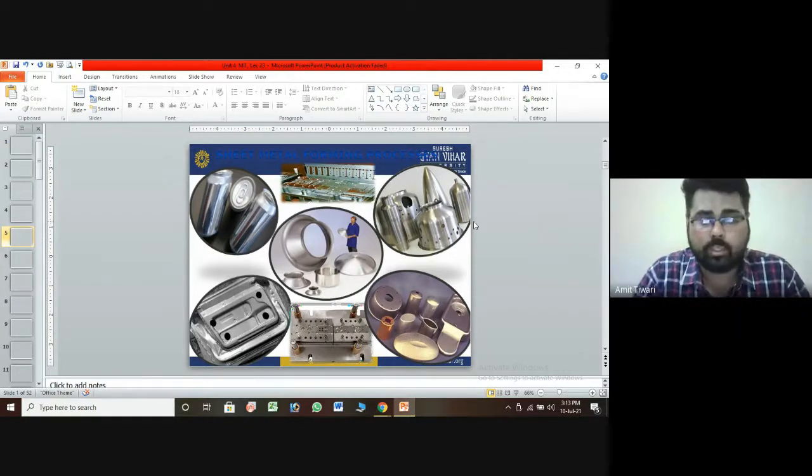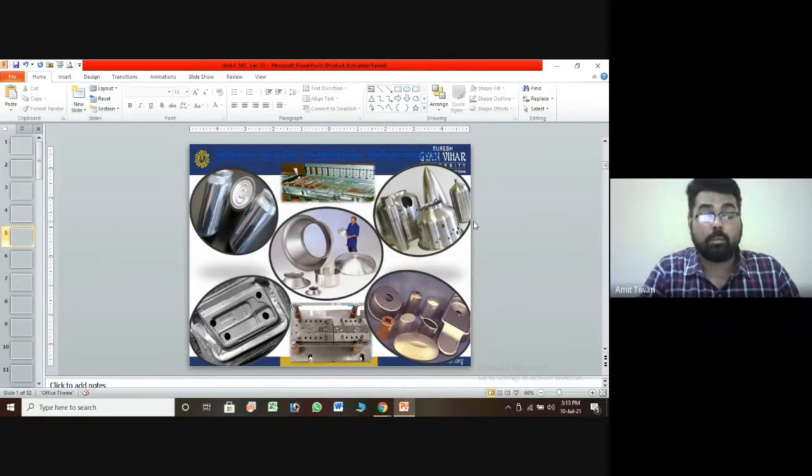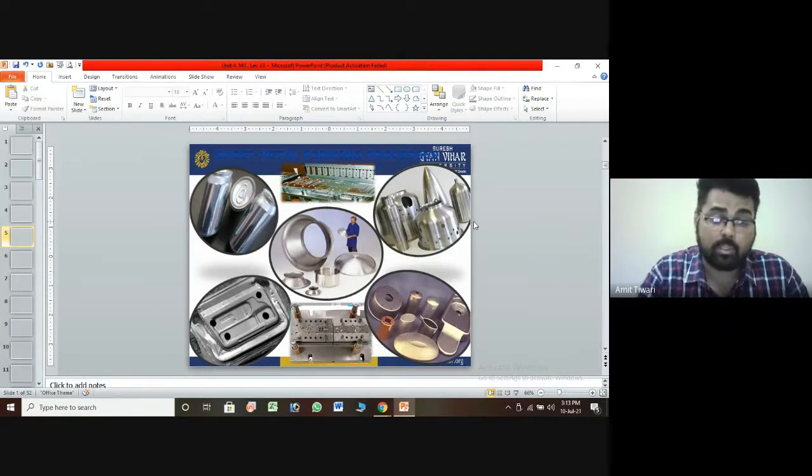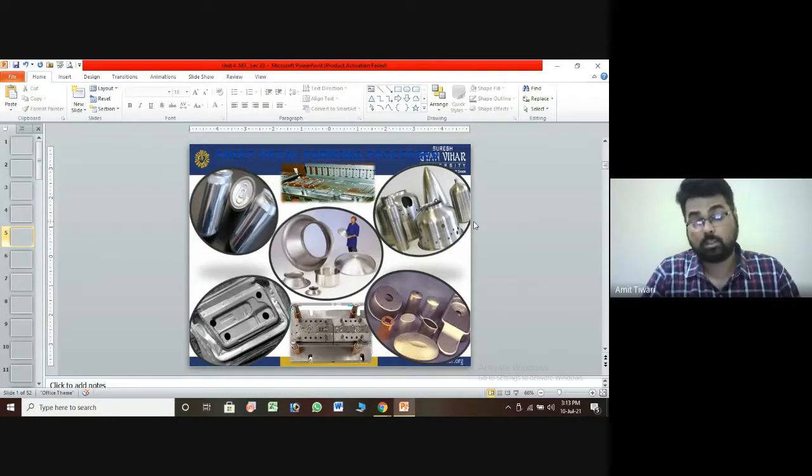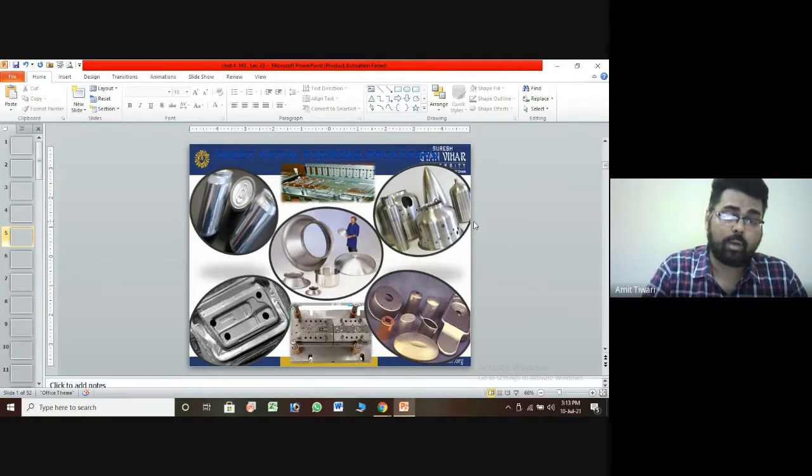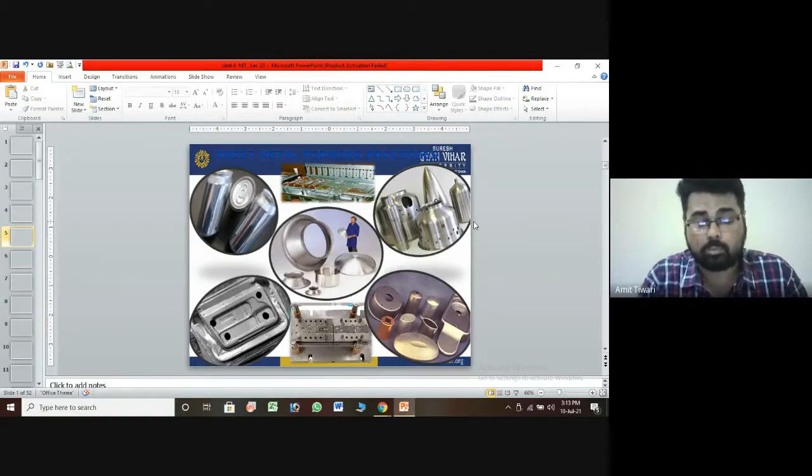It is not a very difficult task and does not require a high skill level, but first you identify the workpiece material, then you identify the tool material, that is, the punch material.